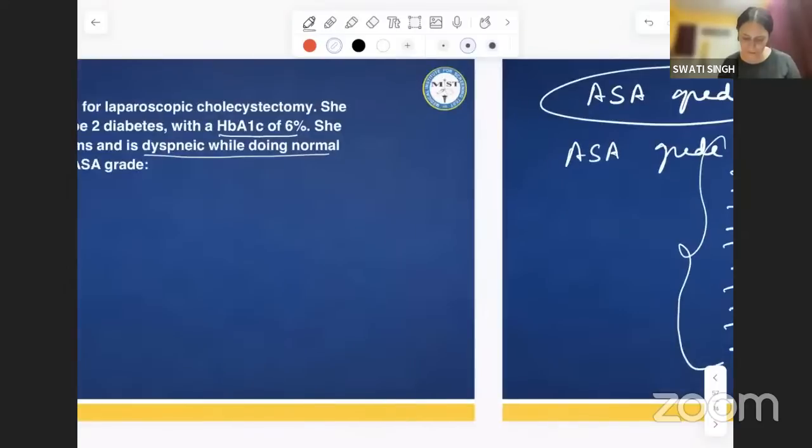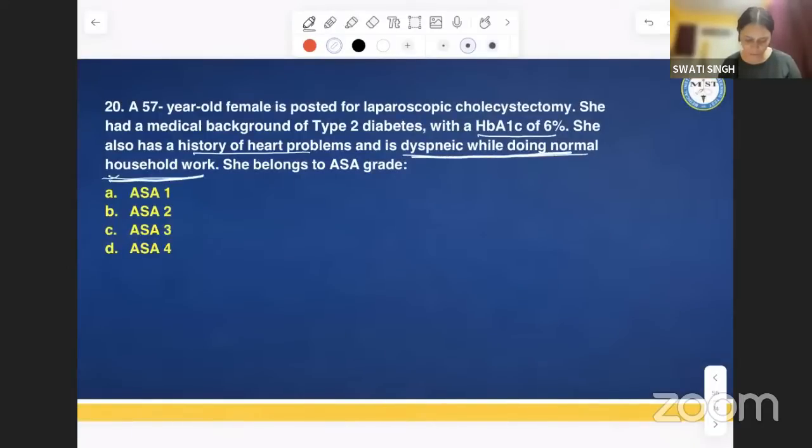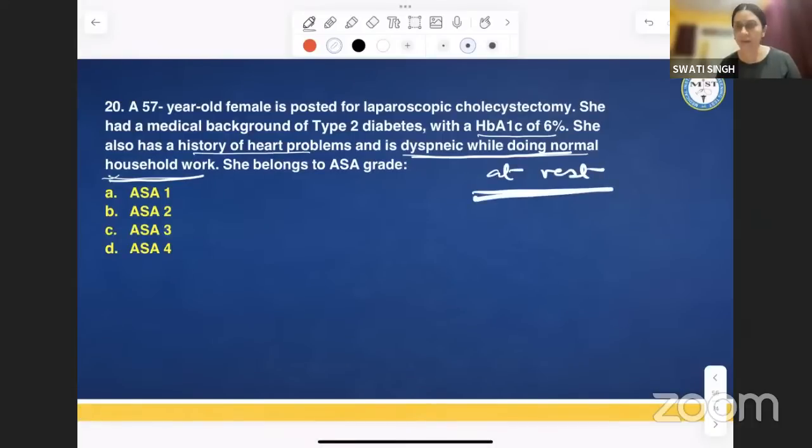So this patient is dyspneic while doing normal household work. It will again come in ASA grade 3. If I twist the same question, and the patient is dyspneic at rest, then he belongs to ASA grade 4.